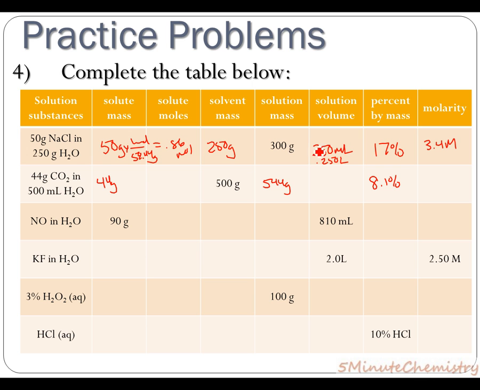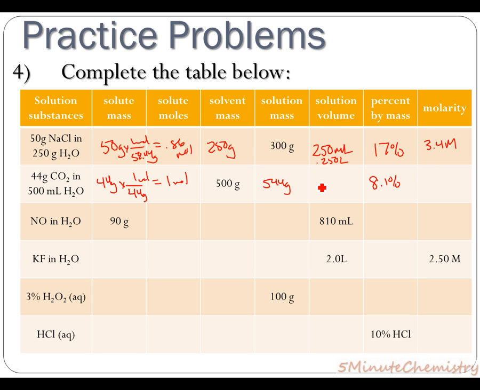Now we see here we want to know the solute moles. Solute moles would be 44 grams divided by the molar mass of CO2. CO2's mass is about 44. So that's going to give us 1 mole. Now I need the solution volume to find molarity.